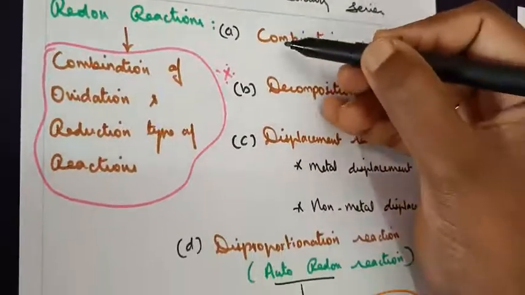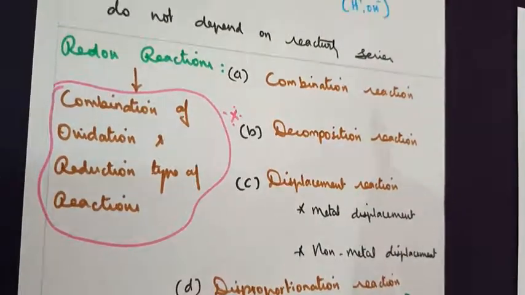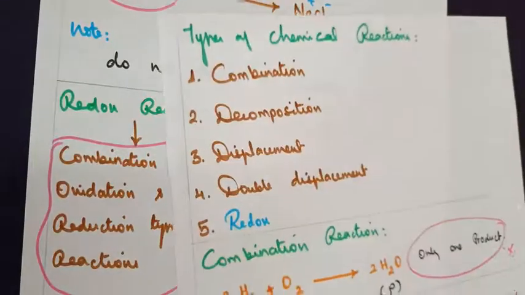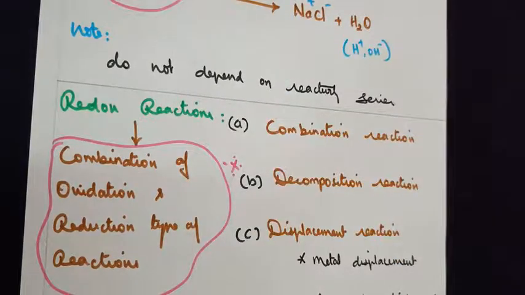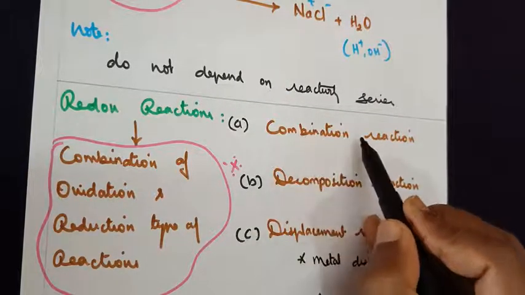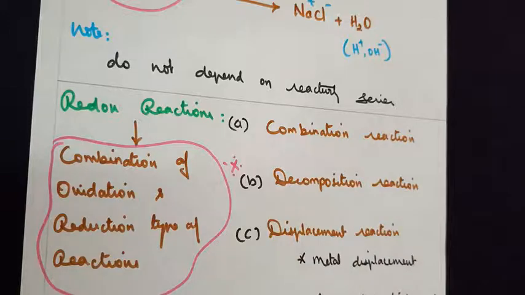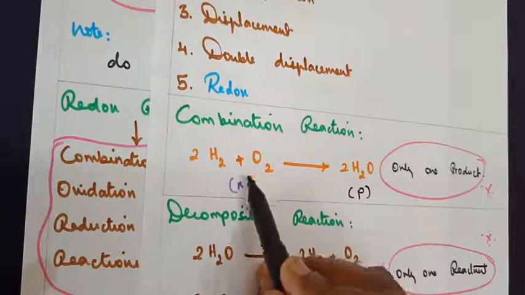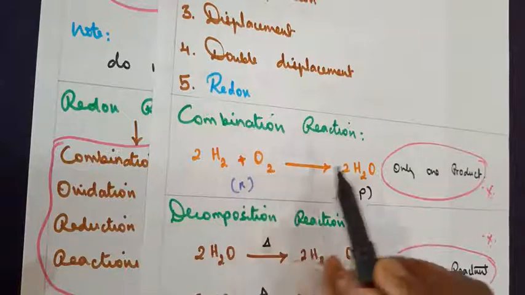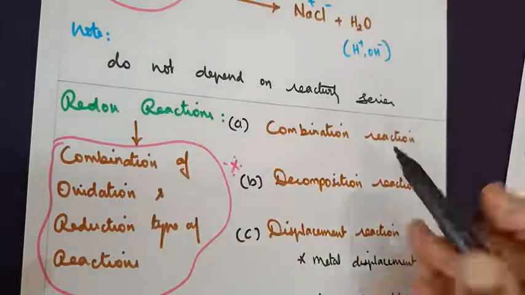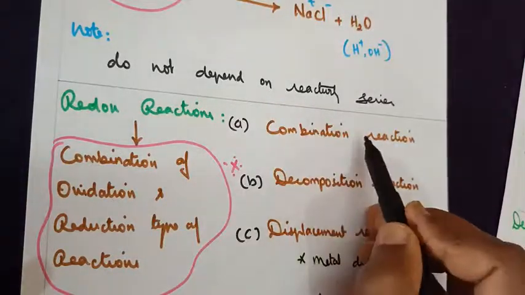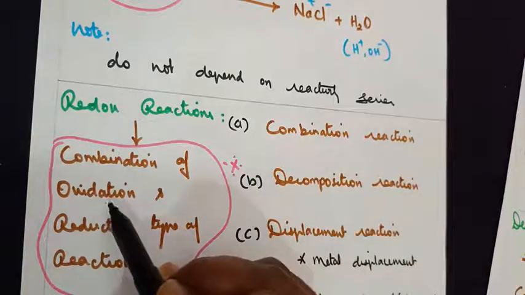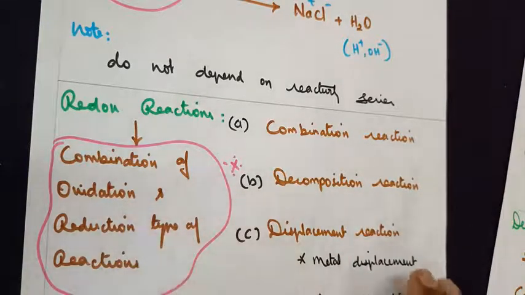Moving on, it further has different categories, and that's the purpose I gave you the orientation for the other types of chemical reactions. Combination reactions: the same principle as you have seen before, two or more reactants giving only one product. But within it, you will see oxidation taking place, reduction also taking place.